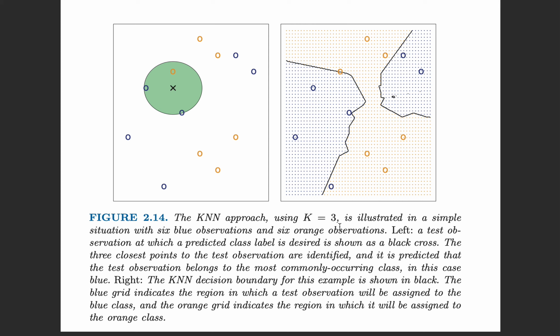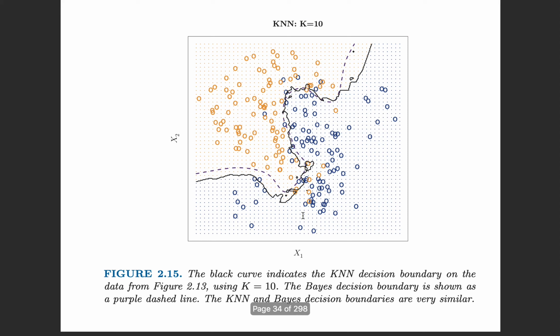Now the question is, what should be k? Should we use 3 nearest neighbors, 4 nearest neighbors, 5 nearest neighbors? Here is an example of what will happen if you use 10 nearest neighbors.